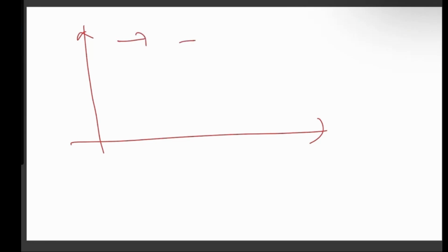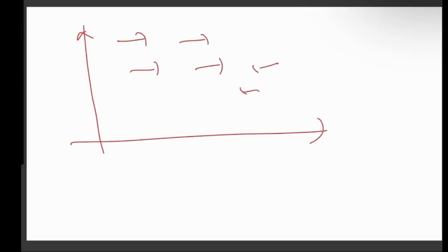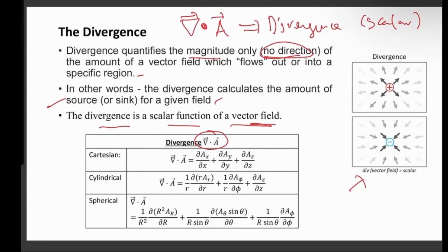So when we do the del operator, we dot it with our vector. Let's say we have a vector here. When we do del dot this vector, the output will be a scalar.